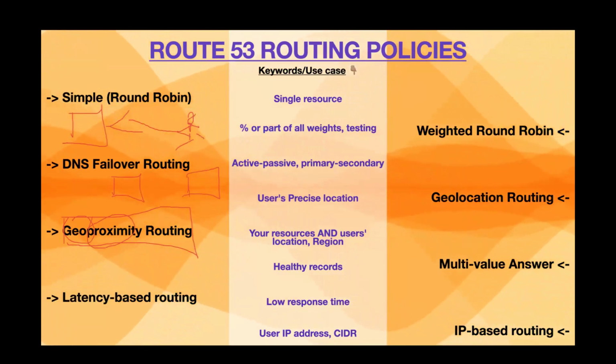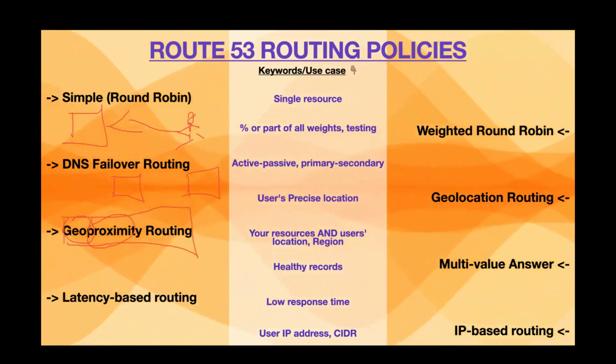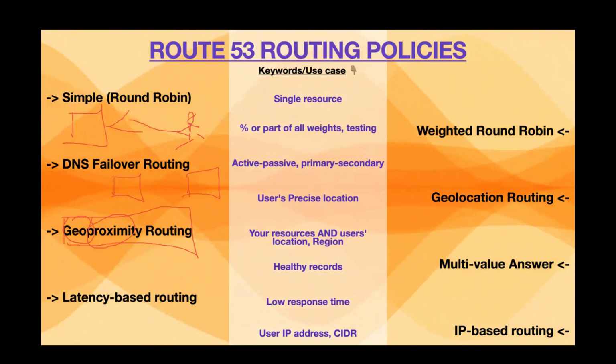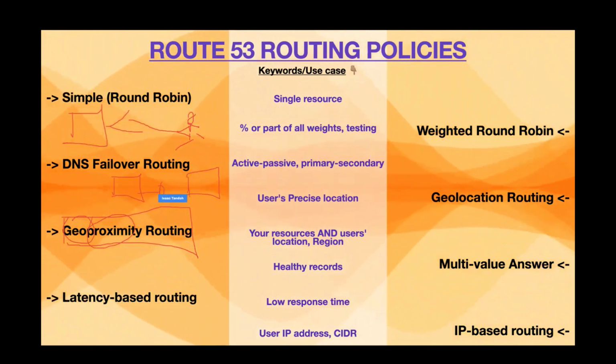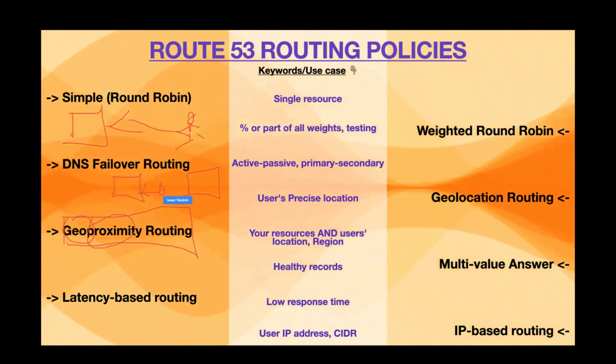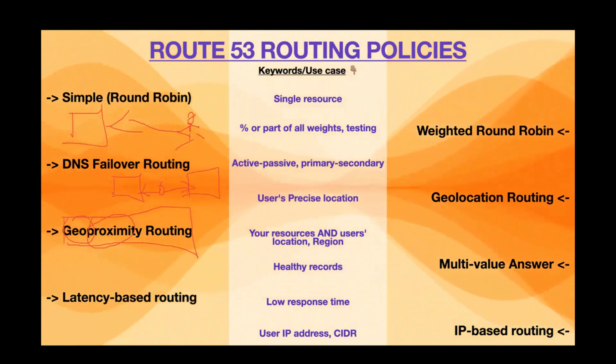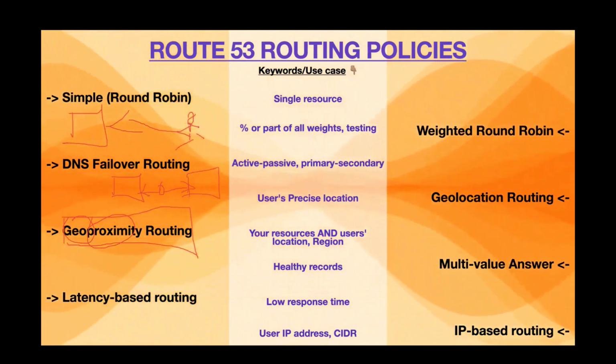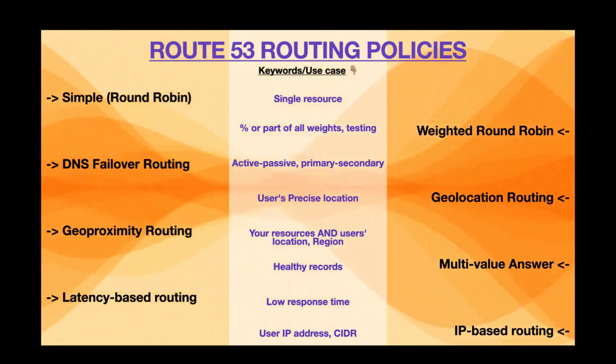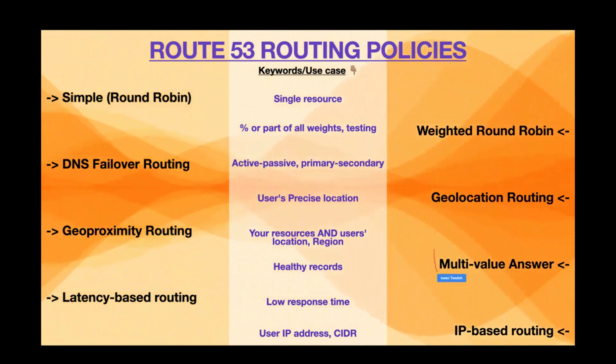But if this person is in the Caribbean but closer to the African border, then traffic will be routed to the server in Africa instead of the server in America. So consider the location of the resource, and the location of the client as well.